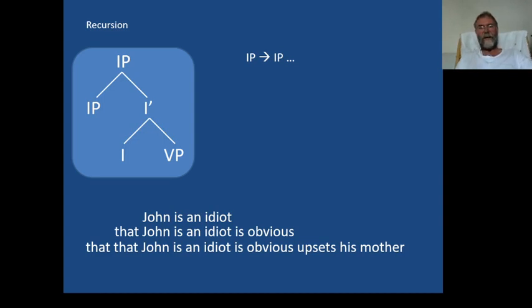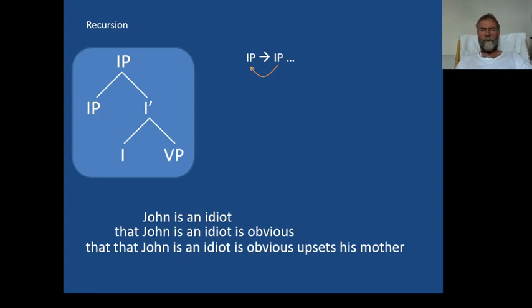The input is an IP and one of its outputs is an IP, which means that we can go back to the beginning and reapply the rule again. So that IP could contain an IP, and then that IP could contain an IP, and so forth and so on. This is a case of immediate recursion, where one thing directly contains an instance of itself.